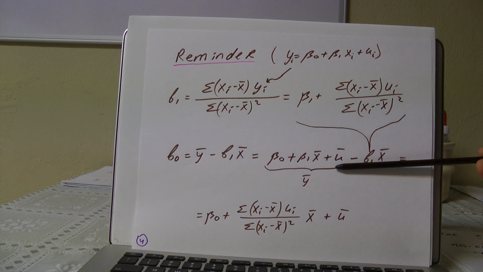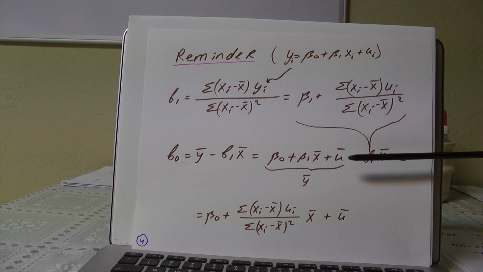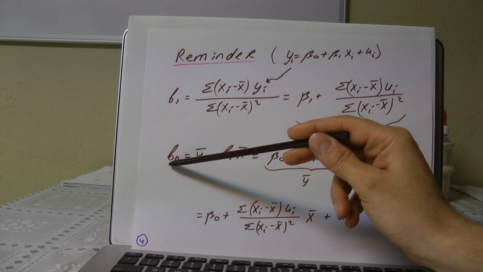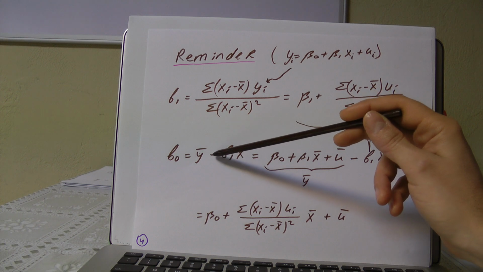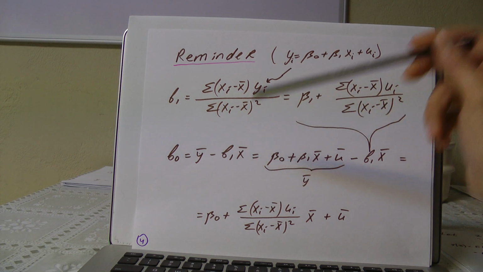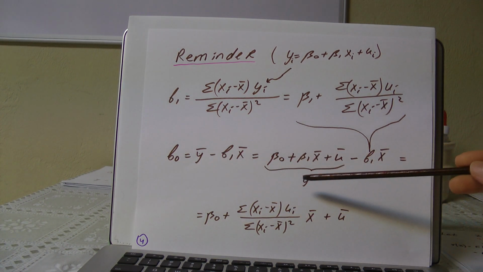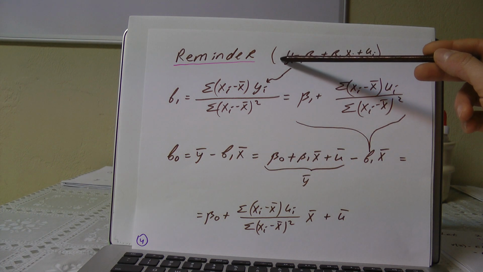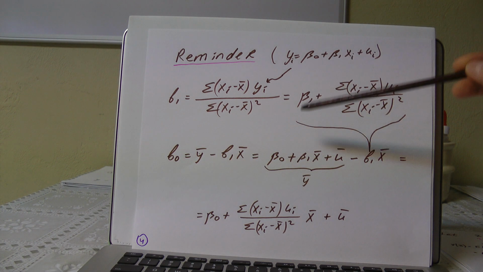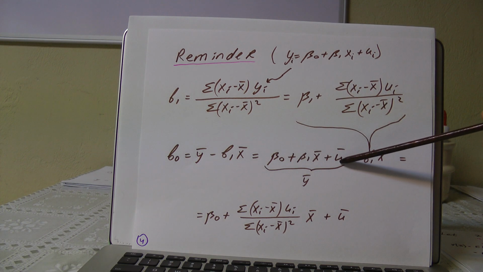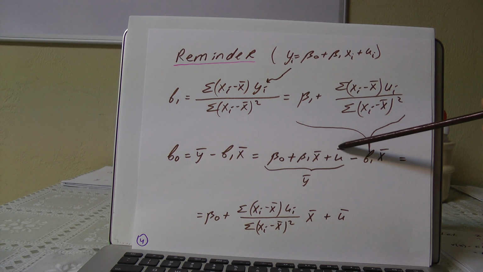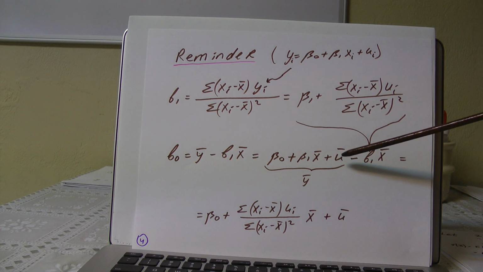We didn't do the next step, but in principle you could similarly write what B0 is. Remember, B0 is the mean of y's minus B1 times average x. Here again, if you substitute what y's are and average this, you would receive beta 0, beta 1 average x, and then average u. Remember, attention, this is not 0. This is the sum of all these errors divided by n, not expectation.